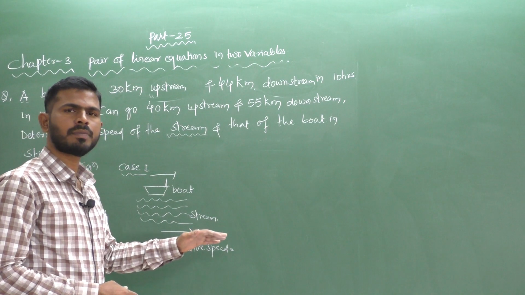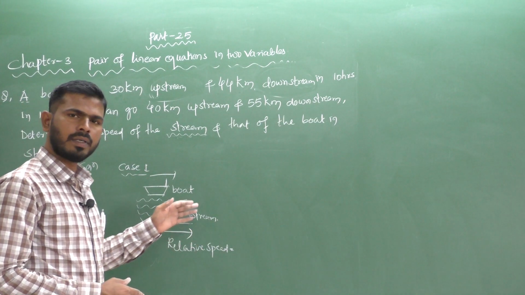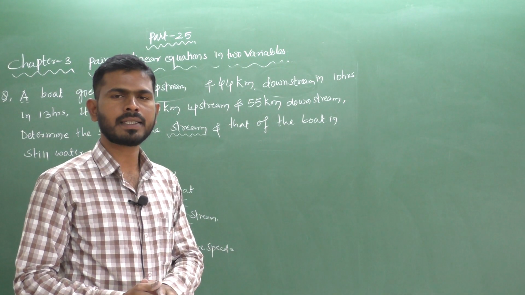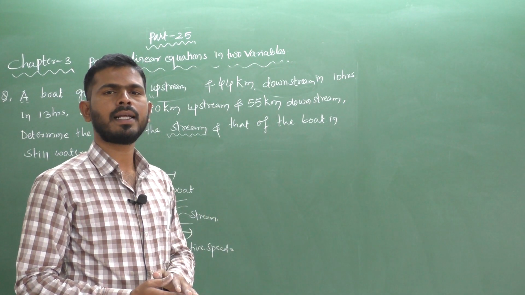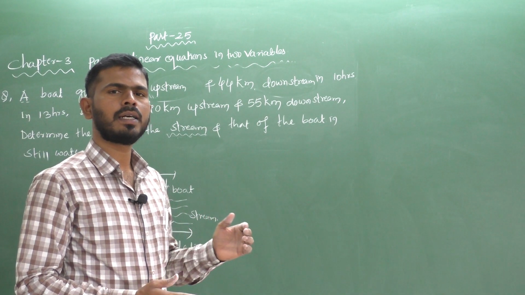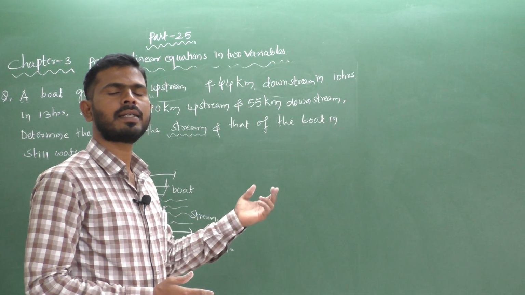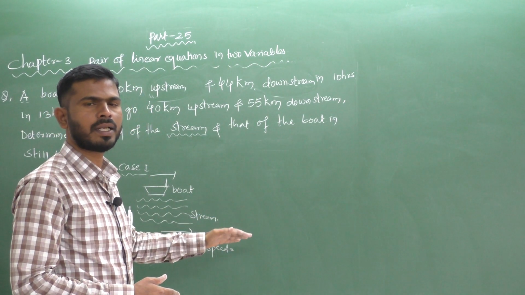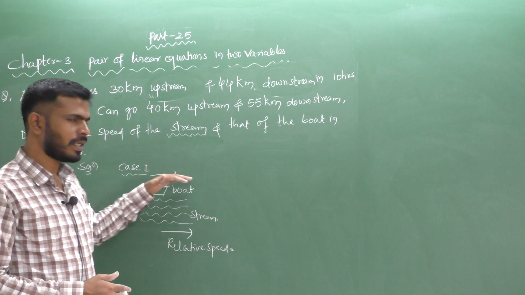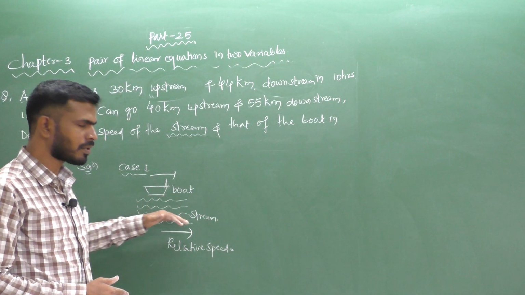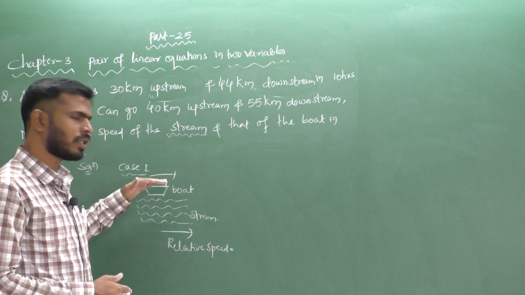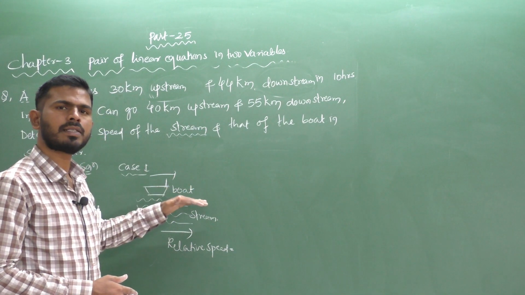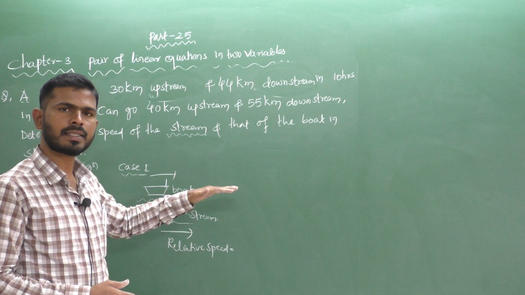In general, when two things move in the same direction, relative speed is considered as minus. But in this case, especially, you have to take the plus, because the boat is moving in this direction and the stream is also moving in this direction. So automatically the speed of the boat increases due to the speed of the stream. Both are moving in the same direction.